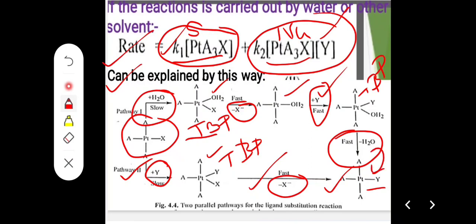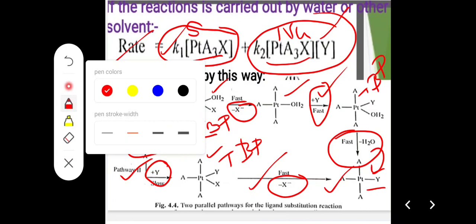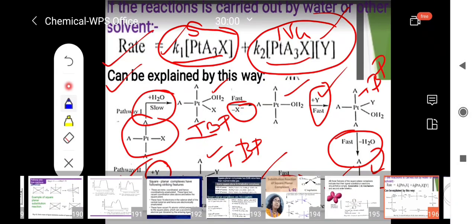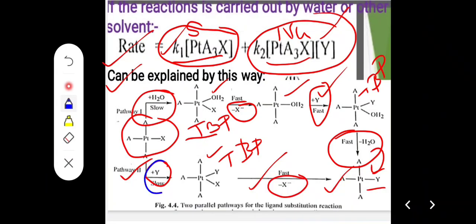Okay, so what is the difference between the two pathways? In pathway 2, the nucleophile attaches and simply produces a TBP, and we get the ultimate product.